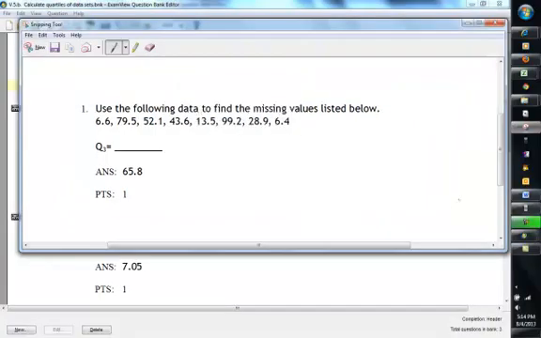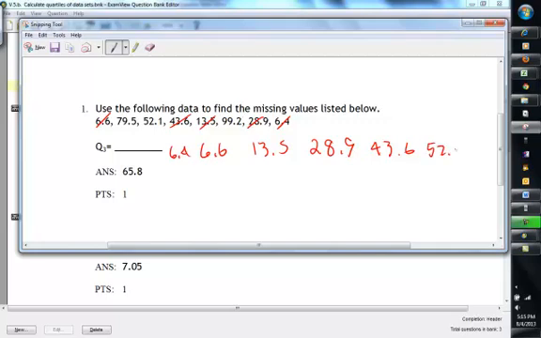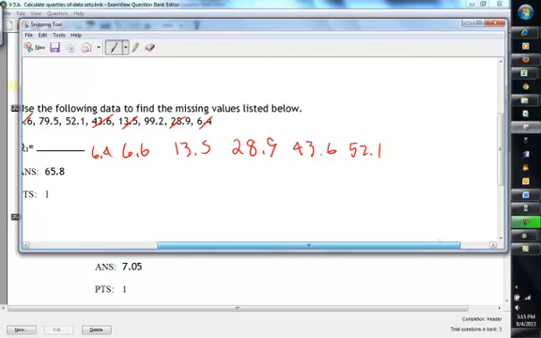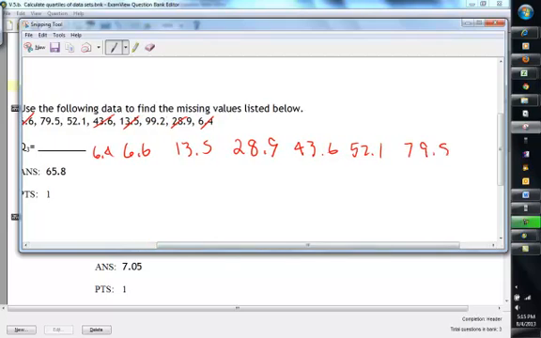the first thing you're going to do is to arrange the values in order. So we've got 6.6, 6.4, 13.5, so let's see, 28.9, 43.6, 52.1, 79.5, and 99.2.